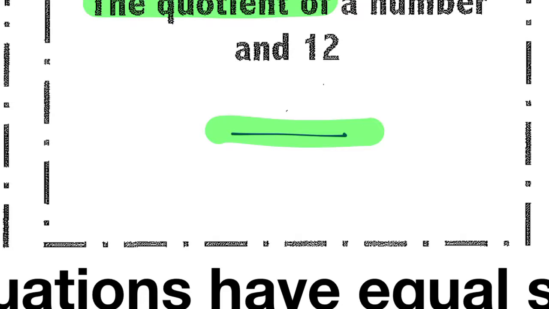Moving on to the next one, the quotient of a number and 12. Quotient is going to be, again, division. I want to highlight that, of a number, so we don't know the number, and 12.